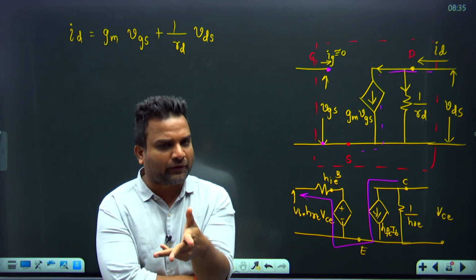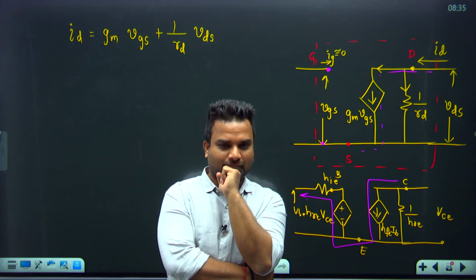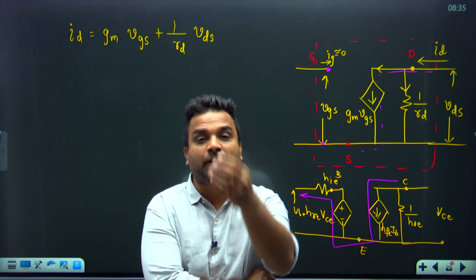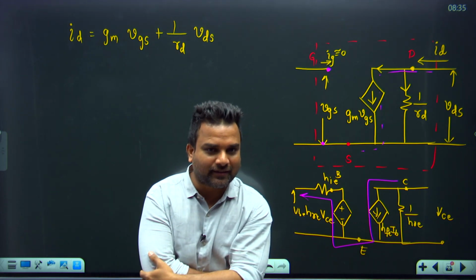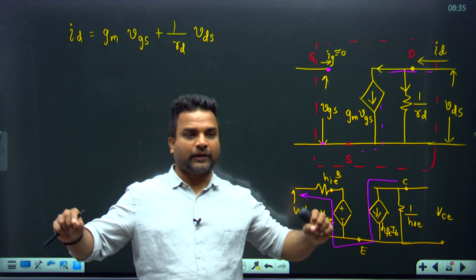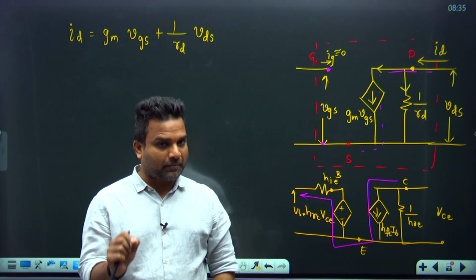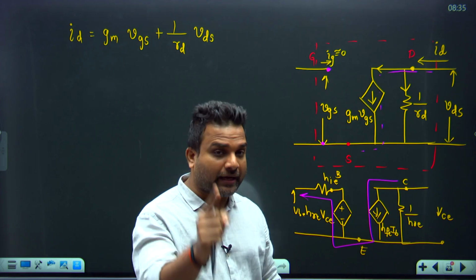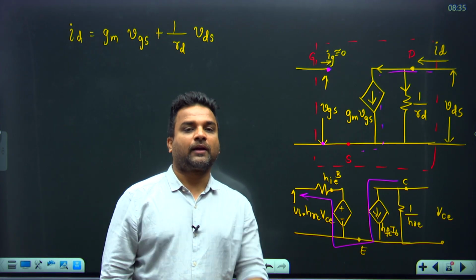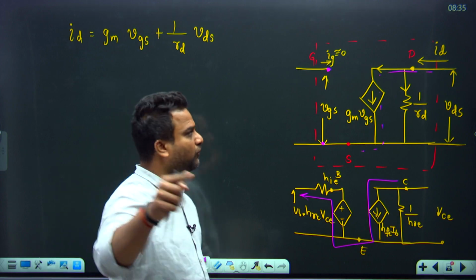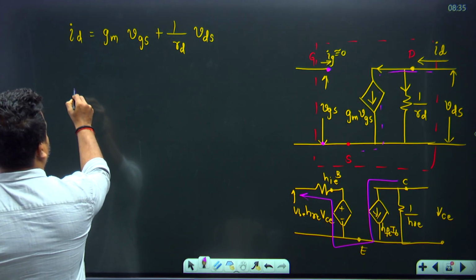So if there is no feedback connection, what happens? You will get more gain, isn't it? Yes, as it provides a very high gain comparatively. Remember, JFET is an ideal amplifier compared with BJT. That's the very interesting point.